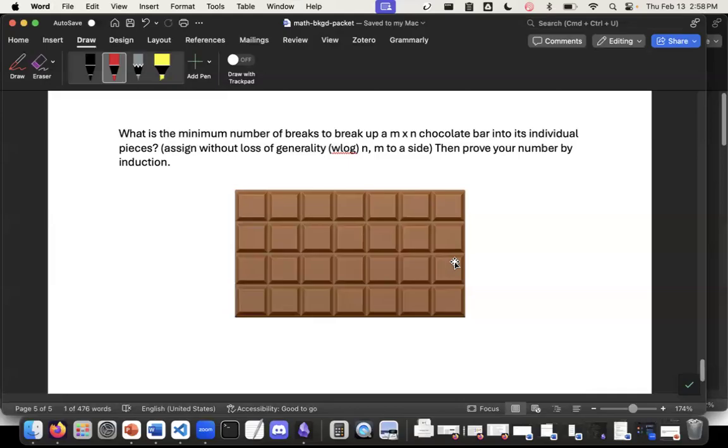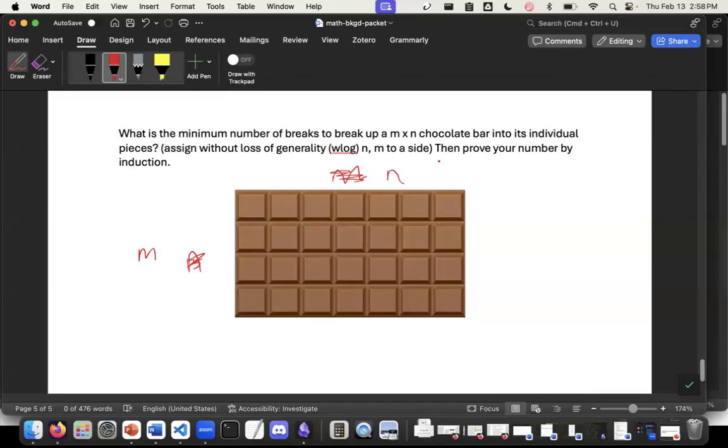The generality is saying this is n and this is m; I could have said this is m and this is n.